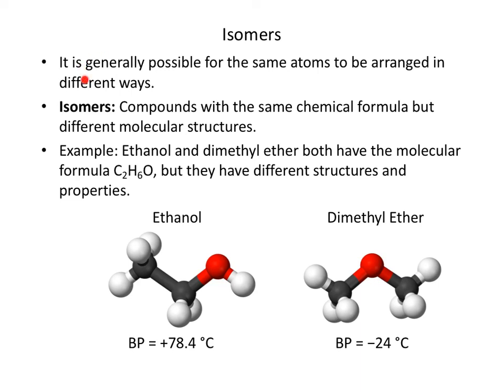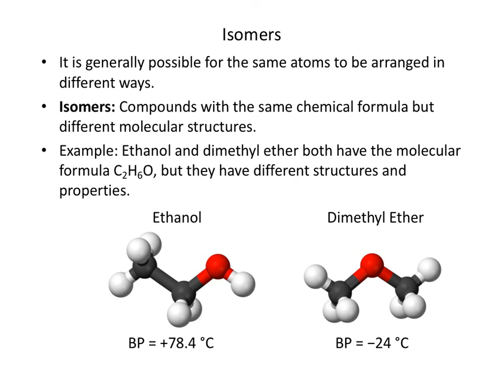And generally, especially as we get to larger molecular formulas, there are lots of different ways to connect these atoms together. And if the atoms are connected together differently, we get different compounds with different properties. And so isomers are compounds that have the same chemical formula, but different molecular structures. And because they have different shapes, they are different compounds, and they have different properties, sometimes very different properties.